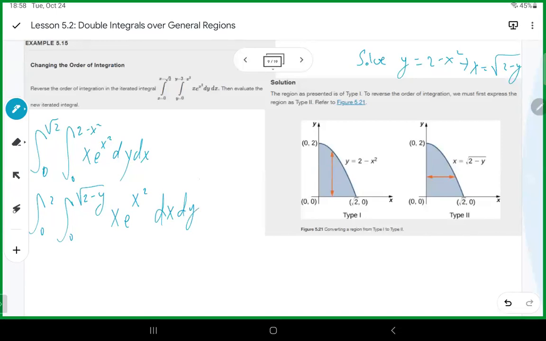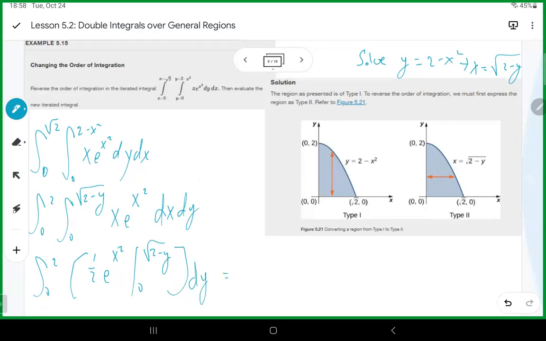So we want to reverse the order of the integration, then use substitution. So we would have 0 to 2, 1/2 e to the x squared from 0 to the square root of 2 minus y dy.